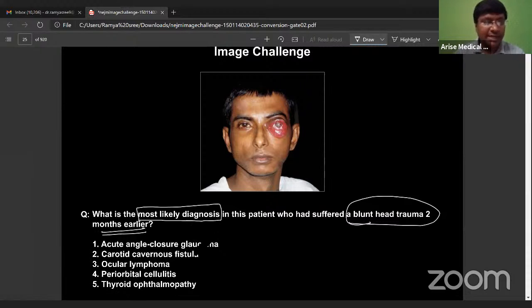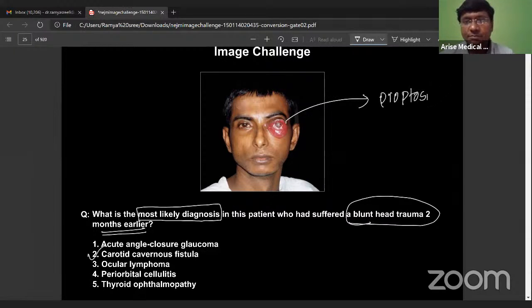Very good. So I got a correct answer from Santosh. So what are the findings? Number one, the individual is having proptosis. Number two, the individual is having corneal ulceration.